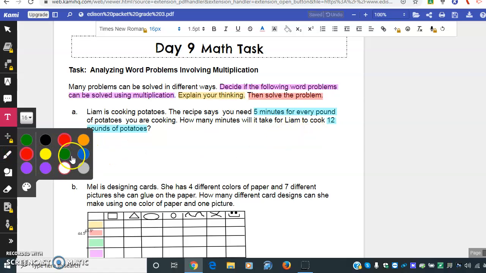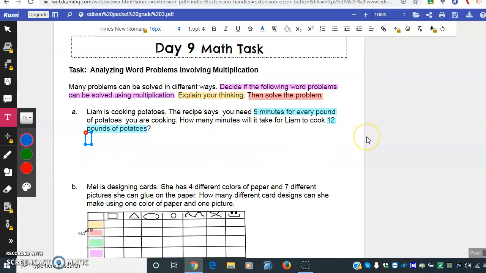And let's switch that to, sorry, blue. Okay. I need to multiply because this is an equal groups problem.